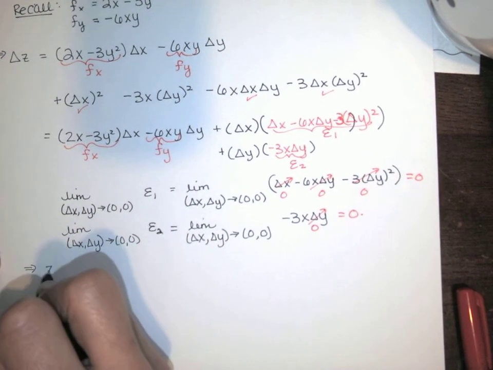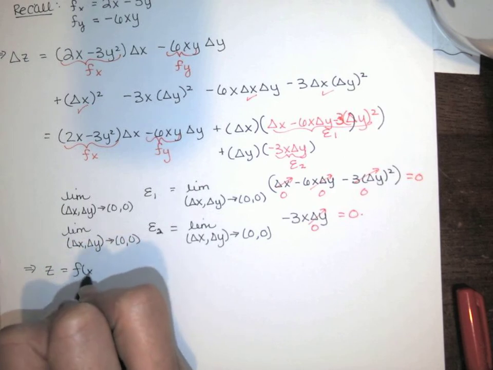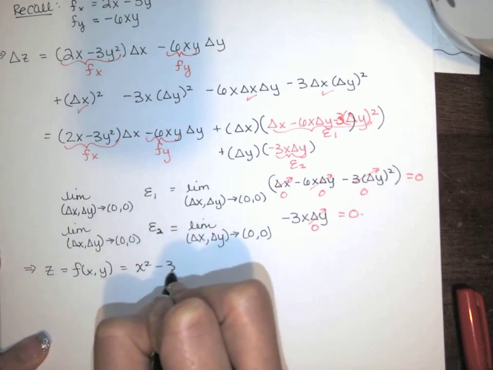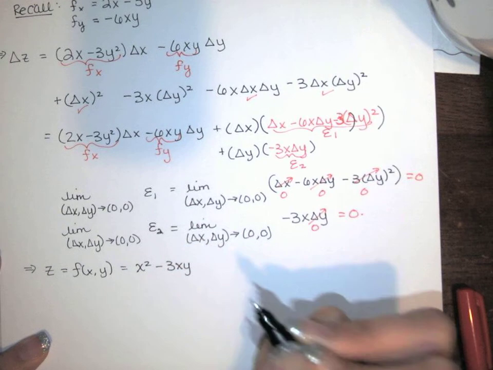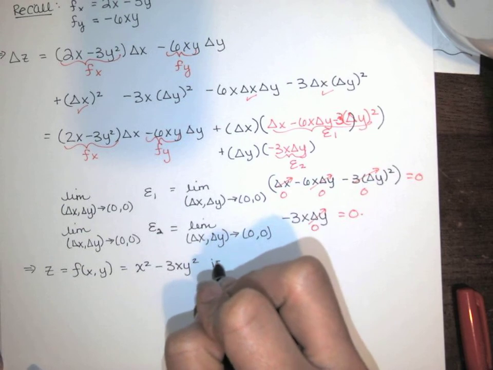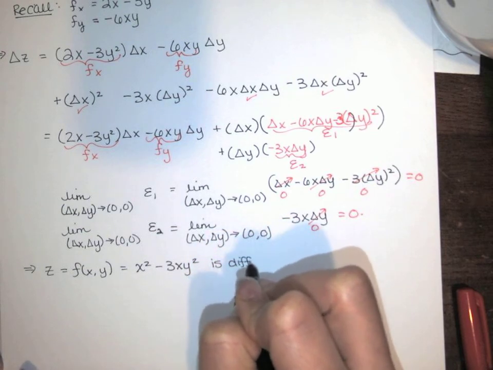So that means the function that we started with, z equals f of x, y, which was x squared minus 3xy squared, that is differentiable for every x, y.